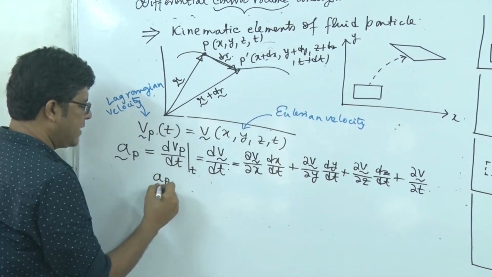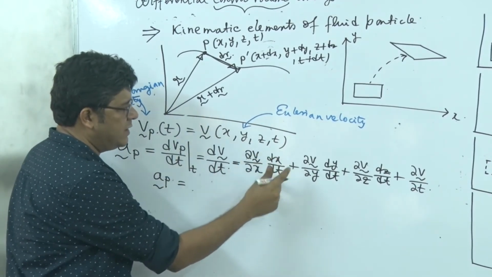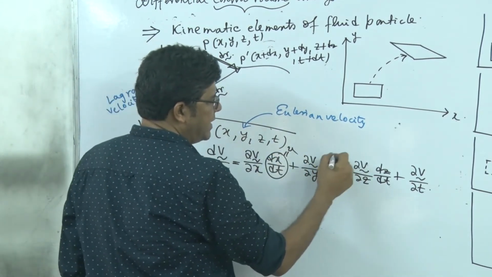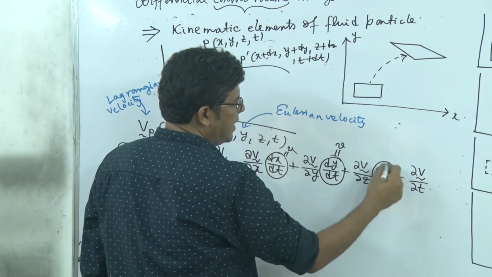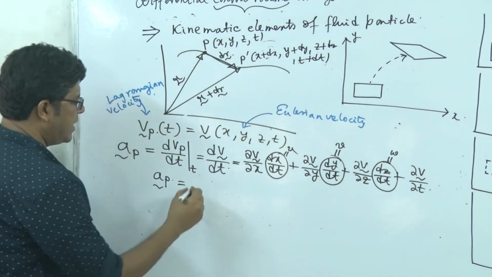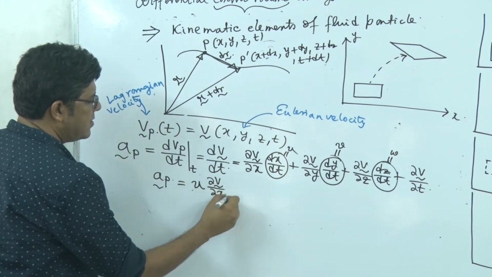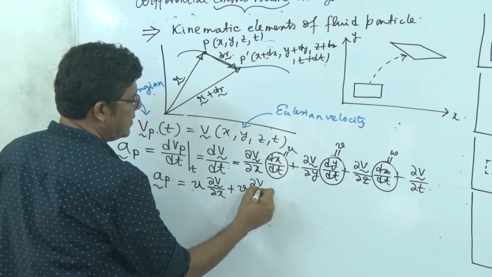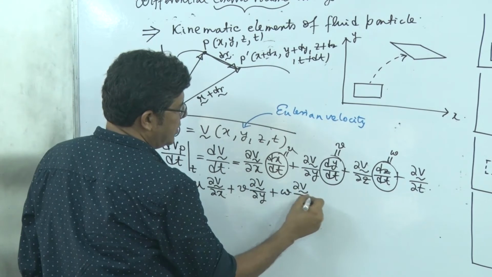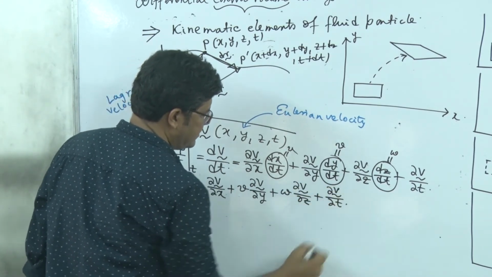So particulate acceleration Ap, which is dV/dt. So you see dx/dt is nothing but u, dy/dt is v, and dz/dt is w. So we can write it as u del v del x plus v del v del y plus w del v del z plus del v del t.